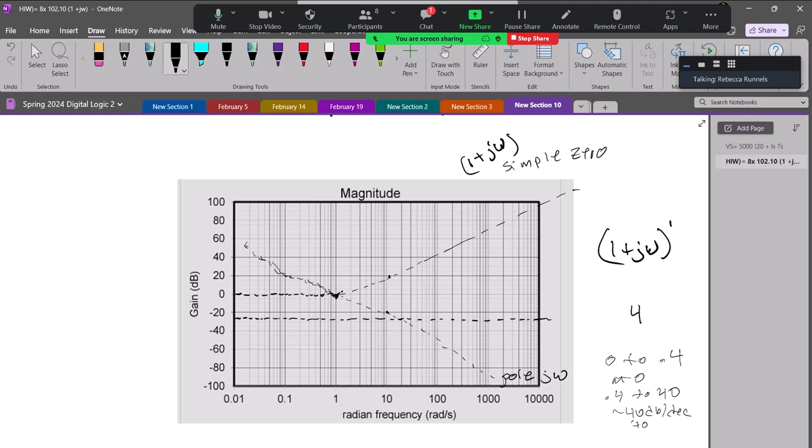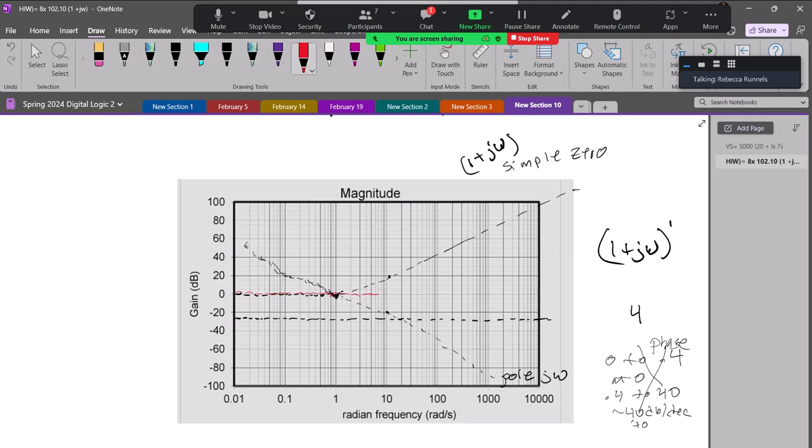So this is actually true for the phase. I was getting the phase confused. So no, we just want to go to the corner frequency and have a slope of negative 40. So we'll go to the corner frequency, which is 4. 1, 2, 3, 4.